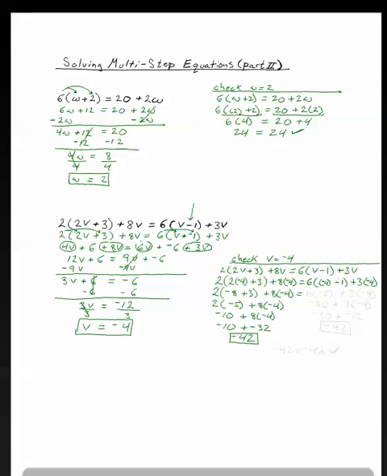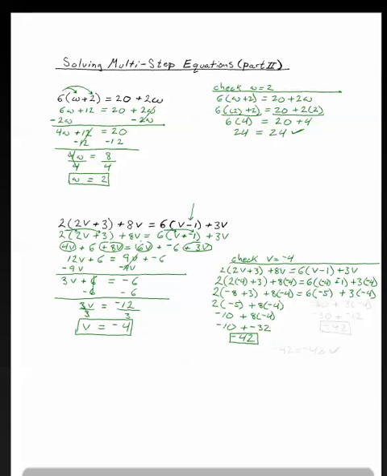Now I have to do the same thing with the right-hand side. So I start in the parentheses, 6 times -4 minus 1. We can change the minus 1 to plus -1. -4 plus -1 is -5 plus 3 times -4.